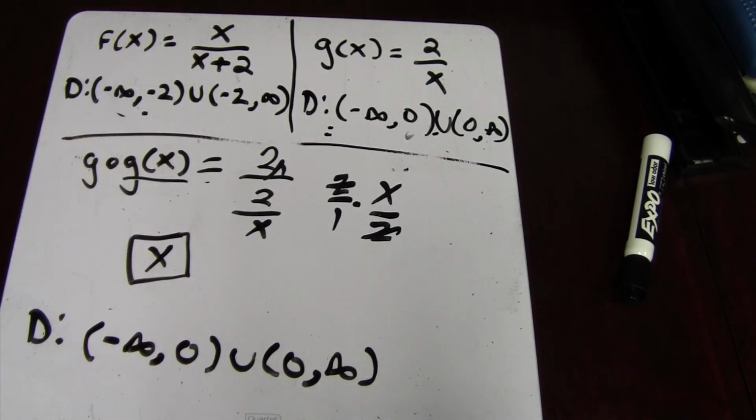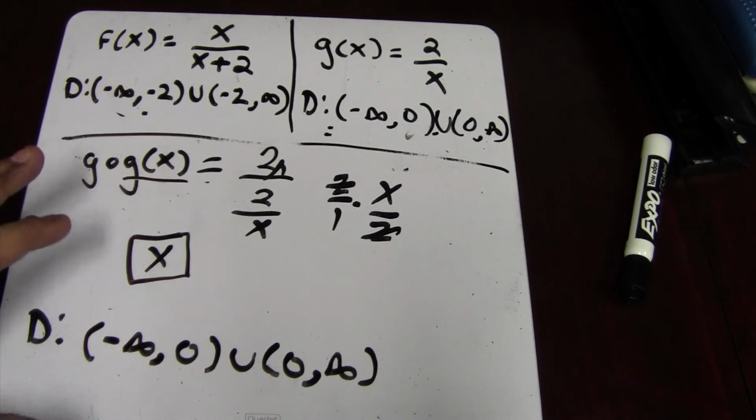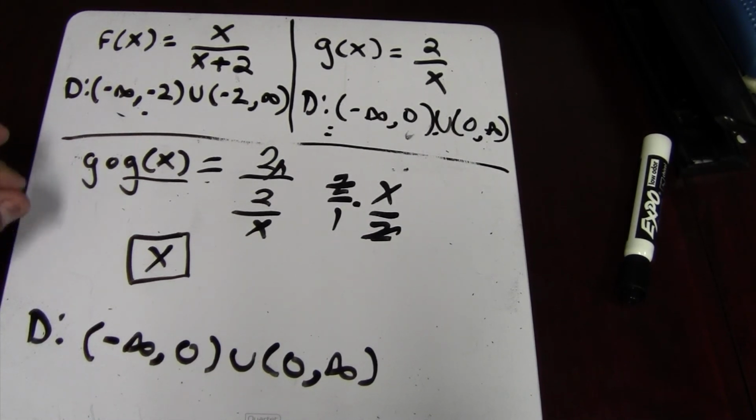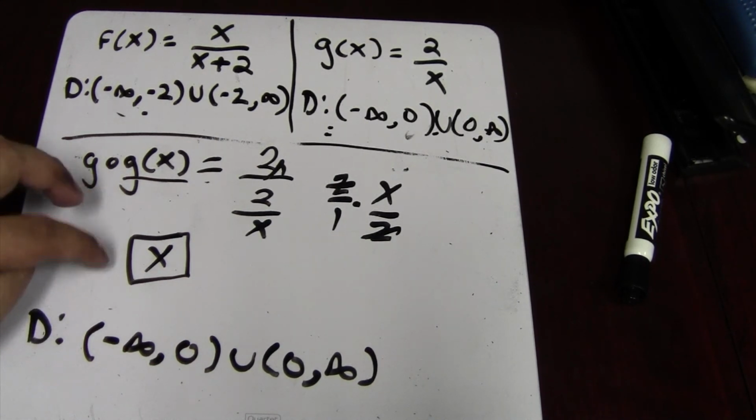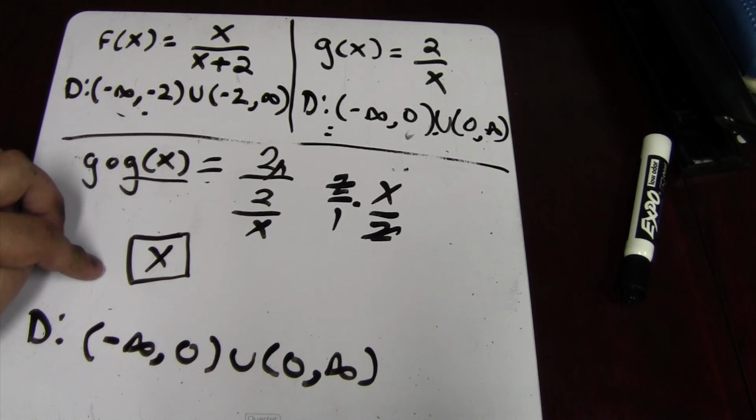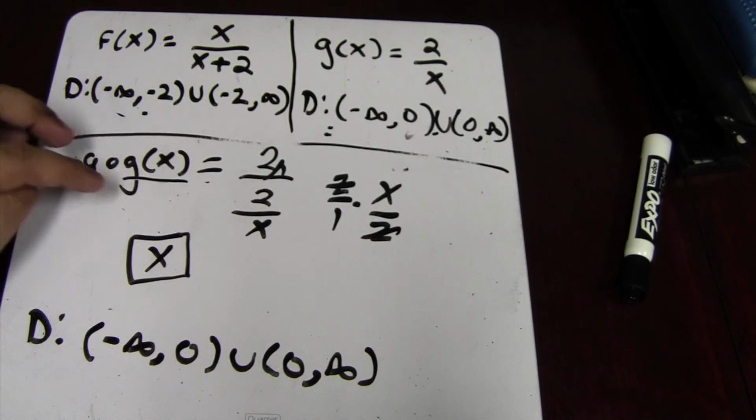So in summary, when you're doing these types of problems, after you've done the composition themselves, to find the domain, you always need to incorporate both the domain of what you found with the composition and the domain of which function that you plugged in.